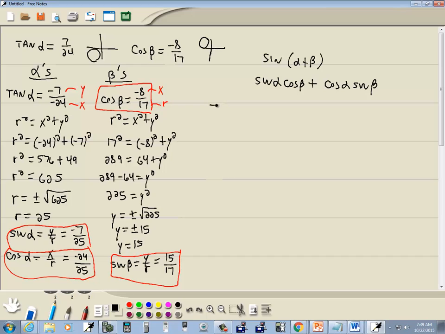So to plug them into our formula, sine alpha was negative 7 over 25. Cosine beta was negative 8 over 17. Plus cosine alpha, which is negative 24 over 25, times sine beta, which is 15 over 17.